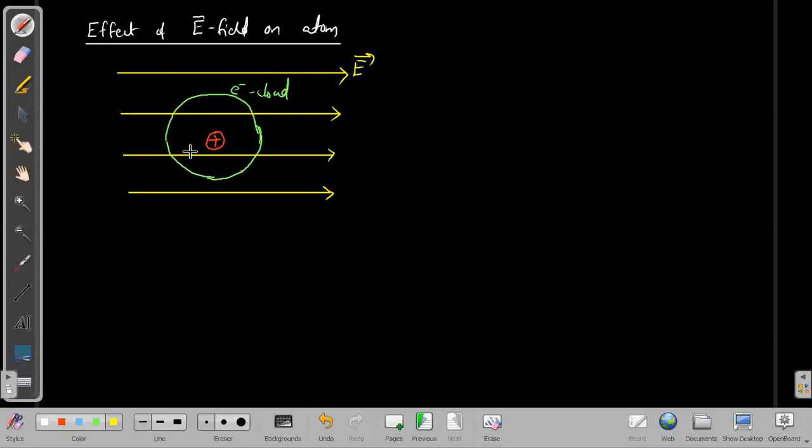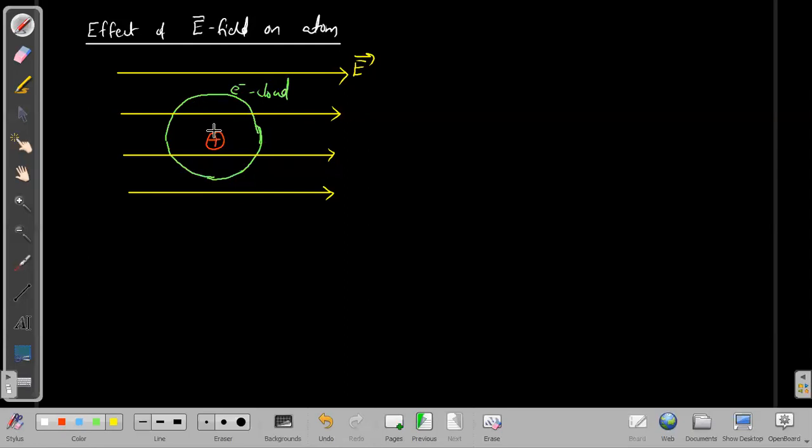If you can recall, the total atom is electrically neutral, so people may think that since the total charge is zero, it will not be influenced by the external electric field. But that is not correct.